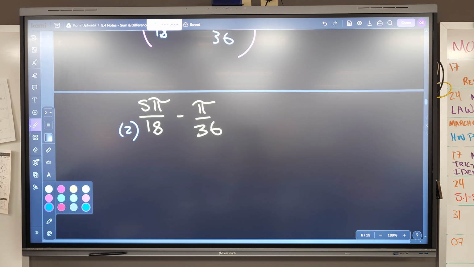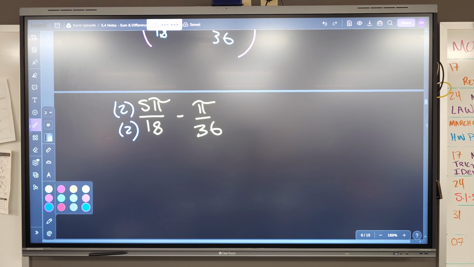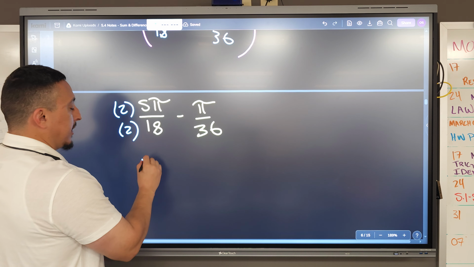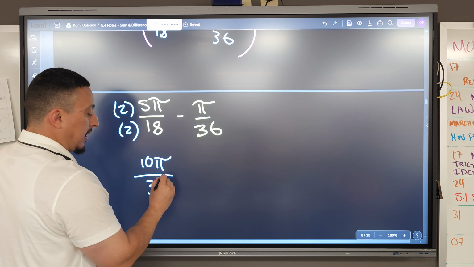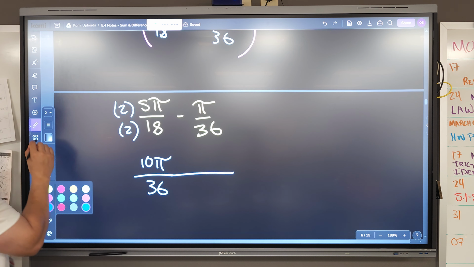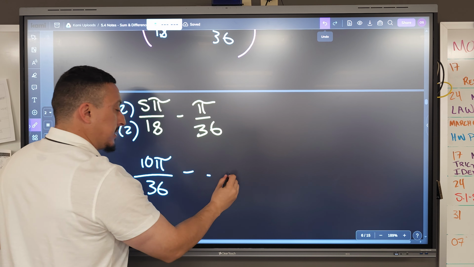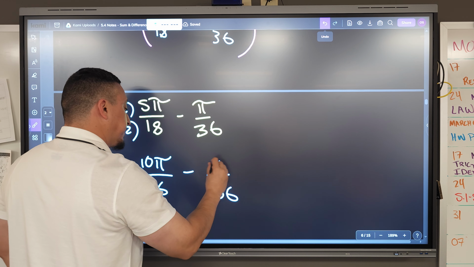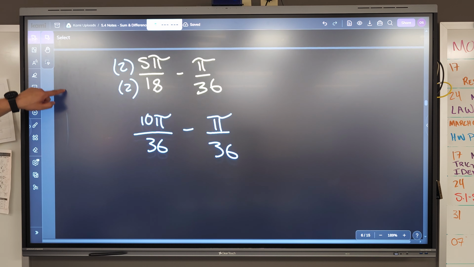So they're both 36. The catch is for fractions, if you do it to the bottom, you gotta do it to the top. So 10 pi over 36. You can put one big line. I won't do it yet to not confuse you, but I'll do it on the next step. 36 pi. But we have common denominators now. So now we can subtract.